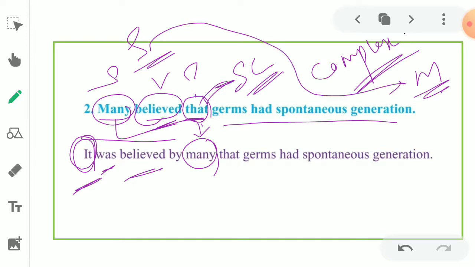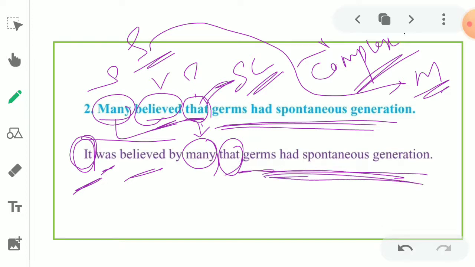So that is nothing but a complex sentence. Keep in mind. Then after this you have to take that to combine two sentences together. Then you begin the continuation part in the active, and write the same in passive also. Germs had spontaneous generation. Put a full stop at the end.